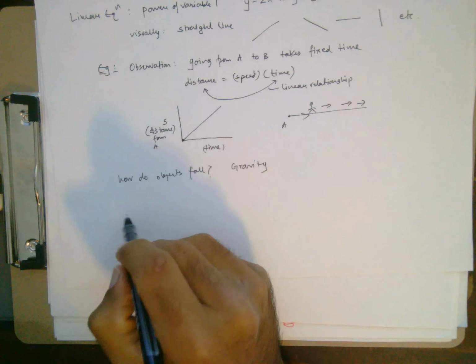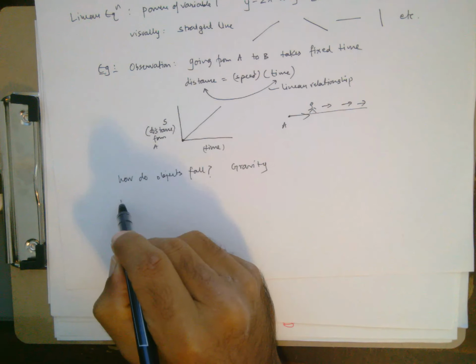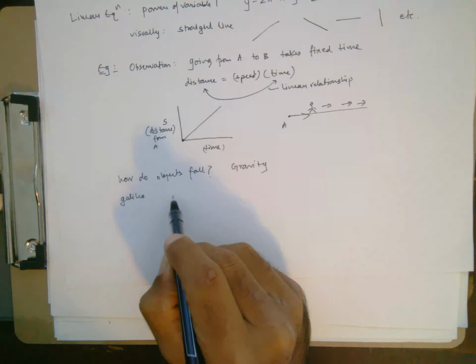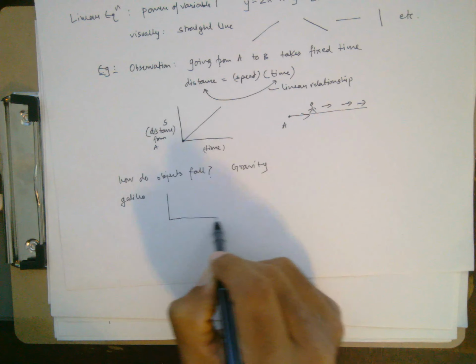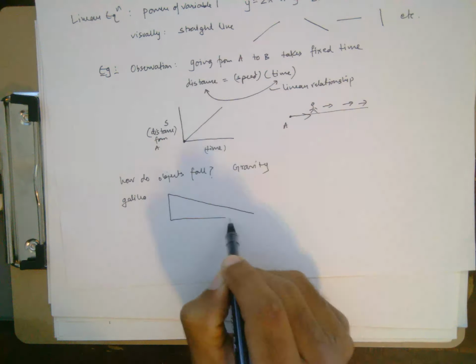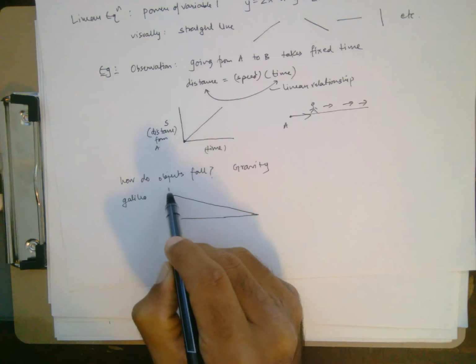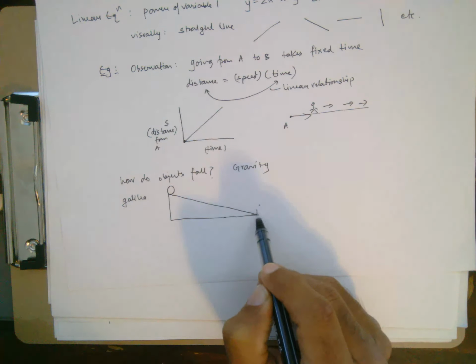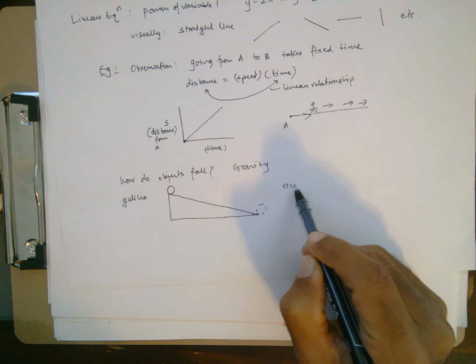Okay, so there's a very smart experiment which was done by Galileo. What he did was he took a bunch of inclined surfaces and he put a ball on the top and he let it roll down to the bottom, and he recorded the time taken.